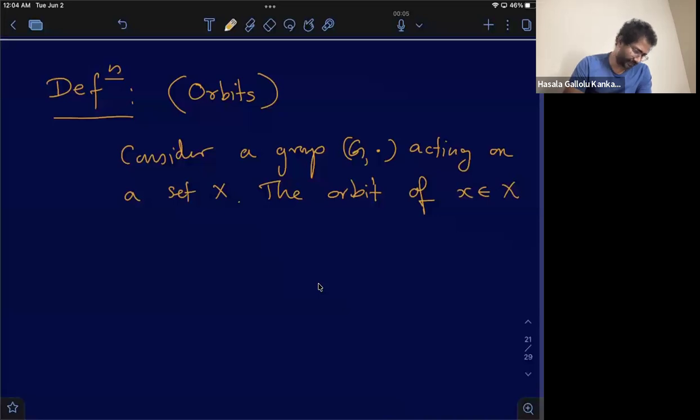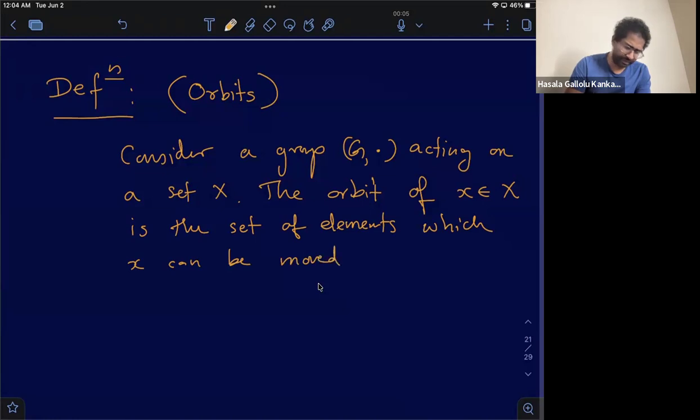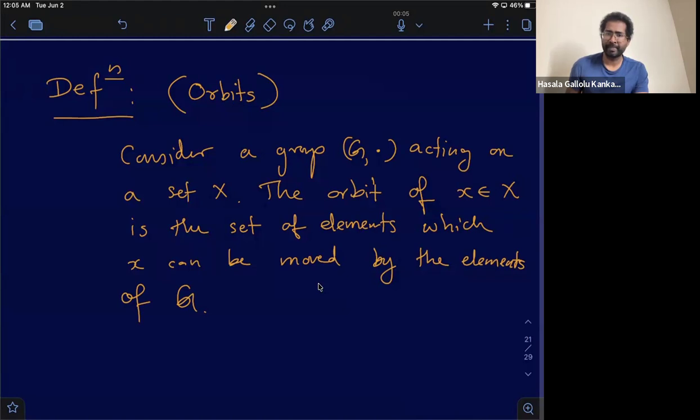The orbit is simply the set of elements to which X can be moved by the elements of G. This simply means what it would say in notation.